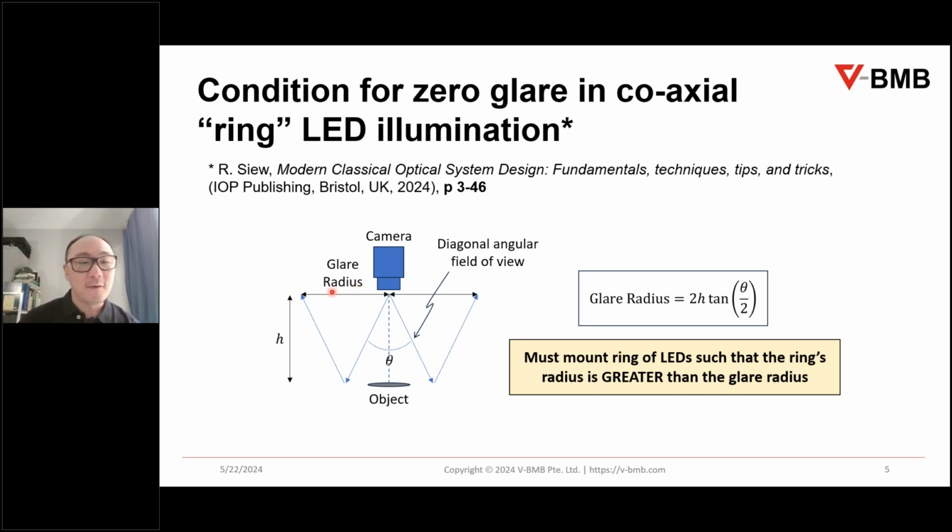But if you put the light source farther and farther away, at some point you won't see the light source, and that is your so-called glare radius. This is talked about in my book, Modern Classical Optical System Design, on page 3-46. If you want to know more about this, you can look in there. All right, so that is the criterion to avoid glare when you put ring LED illumination.